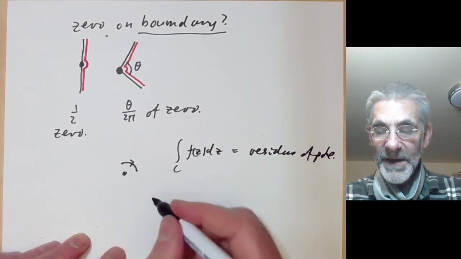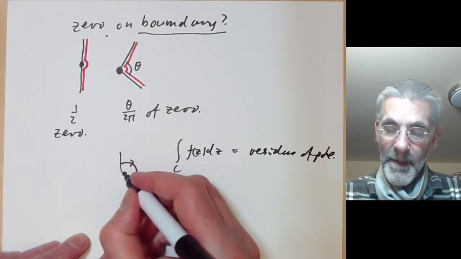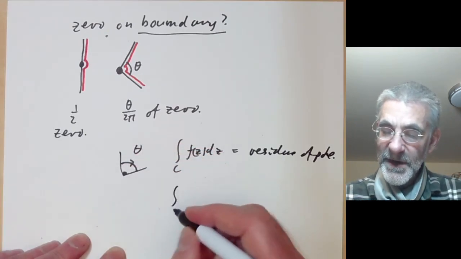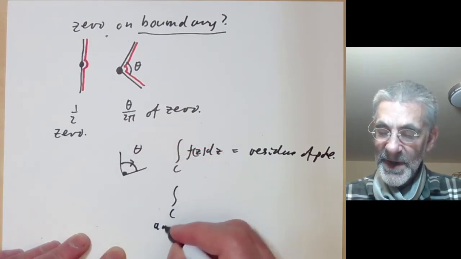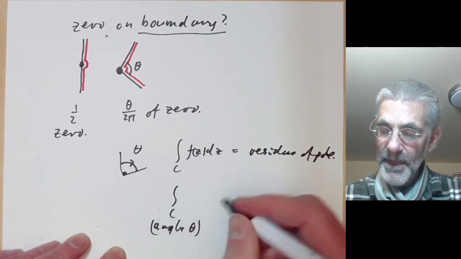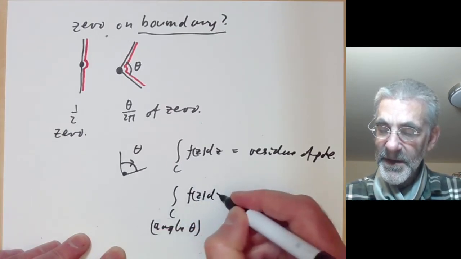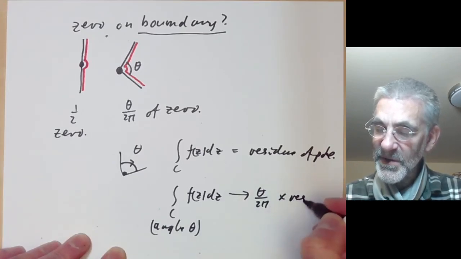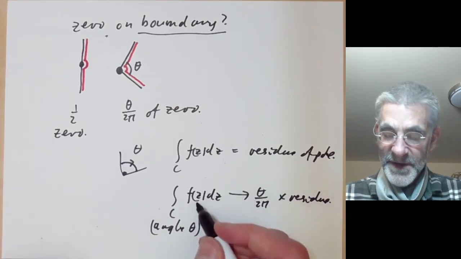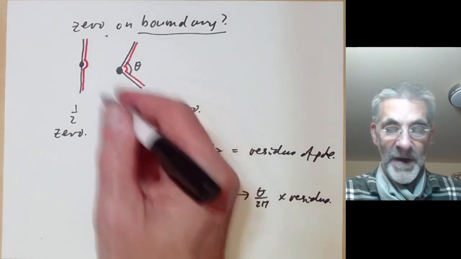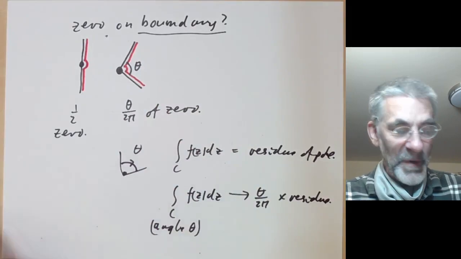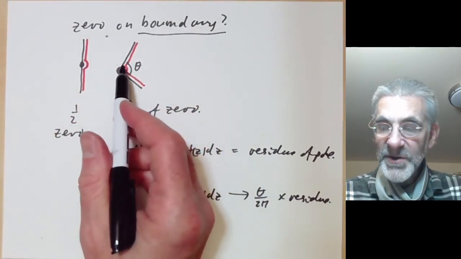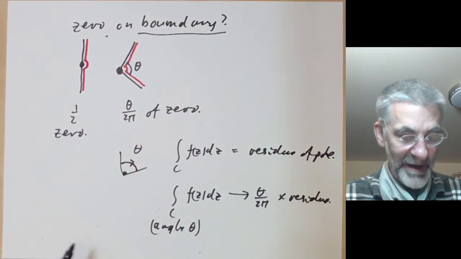However, if we integrate around only an angle theta in a small region, the limit of the integral over c, which makes an angle theta, of f(z) dz tends to theta over 2 pi times the residue, provided f has a simple pole. So if we insert that back into the formula for zeros, we find that zeros on the boundary have to count as fractional zeros in the way that I've stated here.